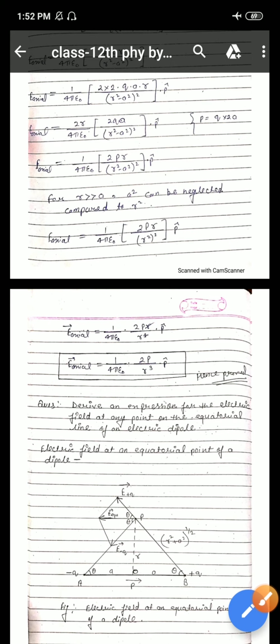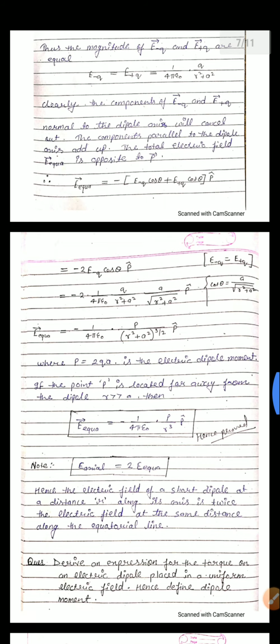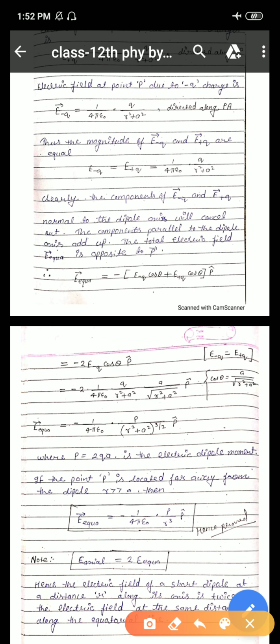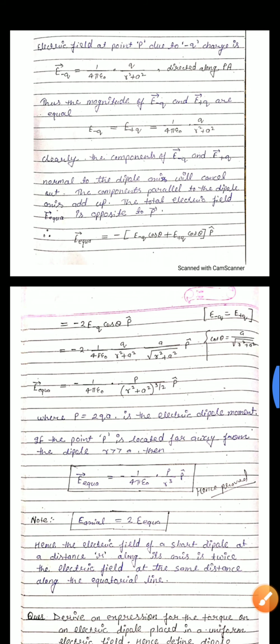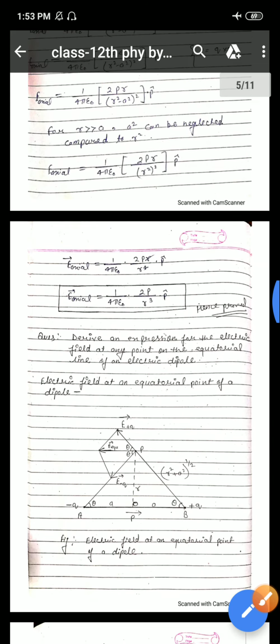So we can say that the electric field at an axial point is 2 times that of equatorial. Is it clear? Hence the electric field of a short dipole at a distance r along its axis is twice the electric field at the same distance along the equatorial line. Is it clear, students?